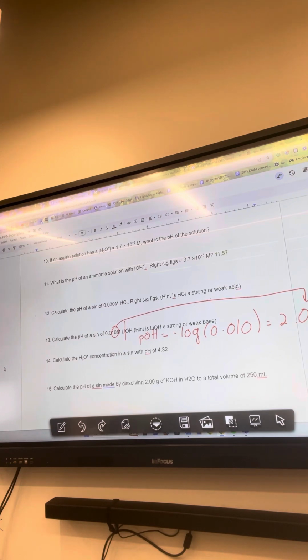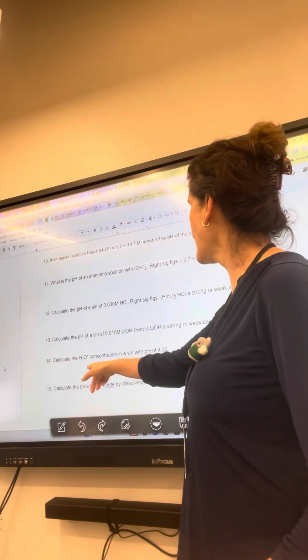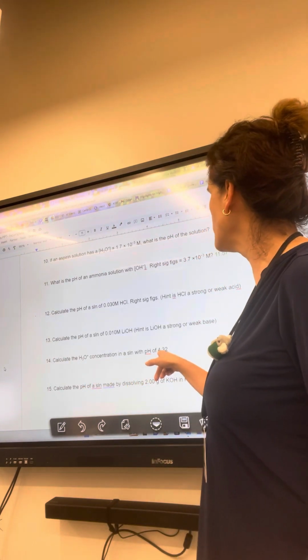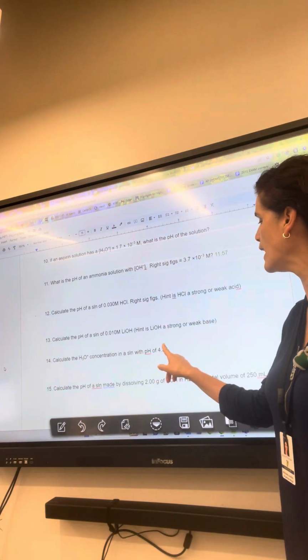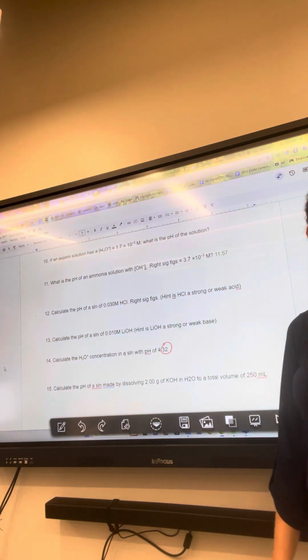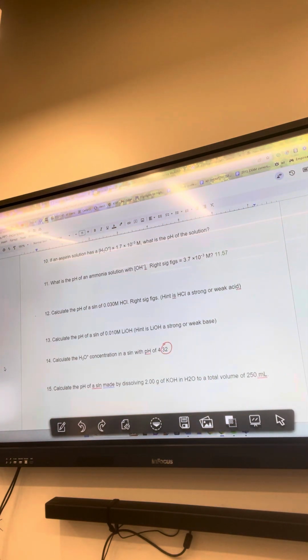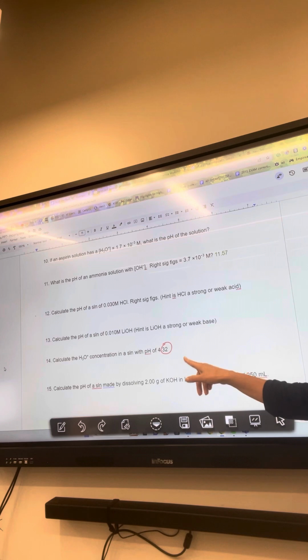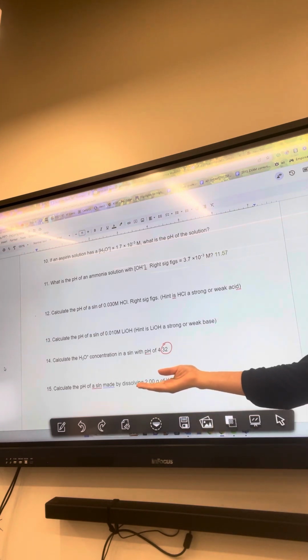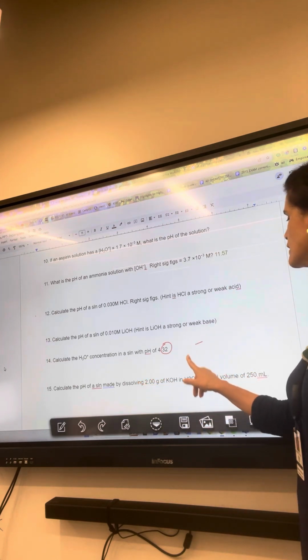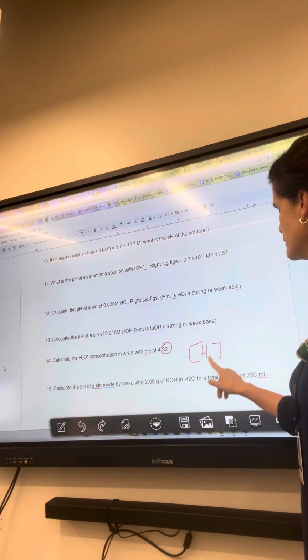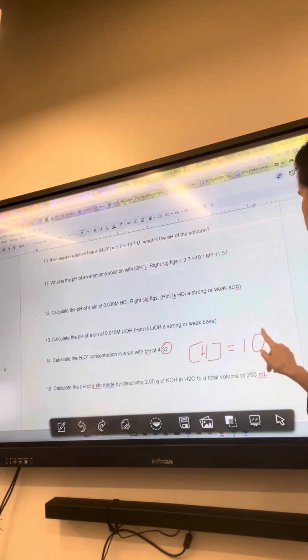Can you do 14 and 15 too? 14. Calculate the hydrogen concentration if you have the pH of 4.32. The concentration is equal to 10 to the negative pH.